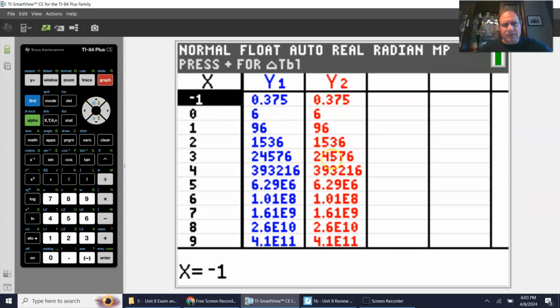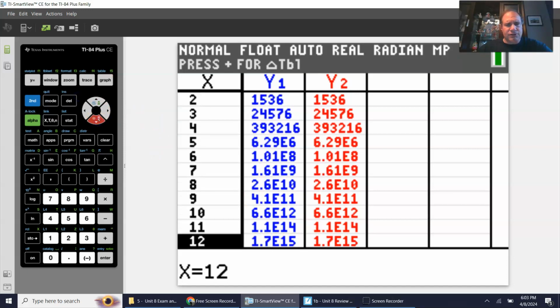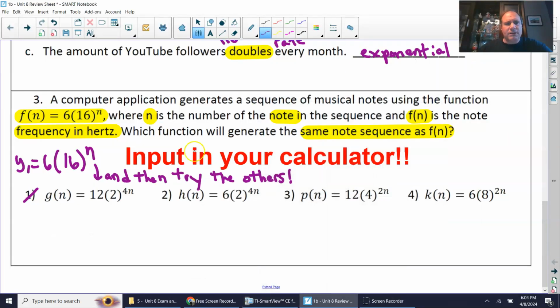The numbers are exactly the same. So you could tell if I go down and I see when it goes into scientific notation, everything's exactly the same. So I don't have to search anymore. 2 is my answer. All right, you put that in y1 and you put this in y2, and everything's the same. And I'll have to try the others.